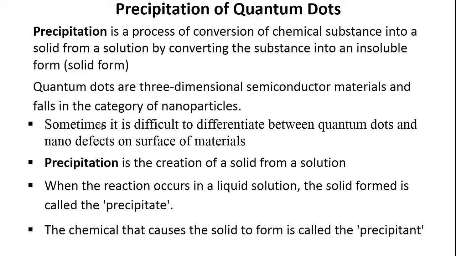Precipitation is the creation of a solid from a solution. When the reaction occurs in a liquid solution, the solid formed is called the precipitate. The chemical that causes the solid to form, the solidification of the precipitate at the bottom of the container, is called the precipitant.